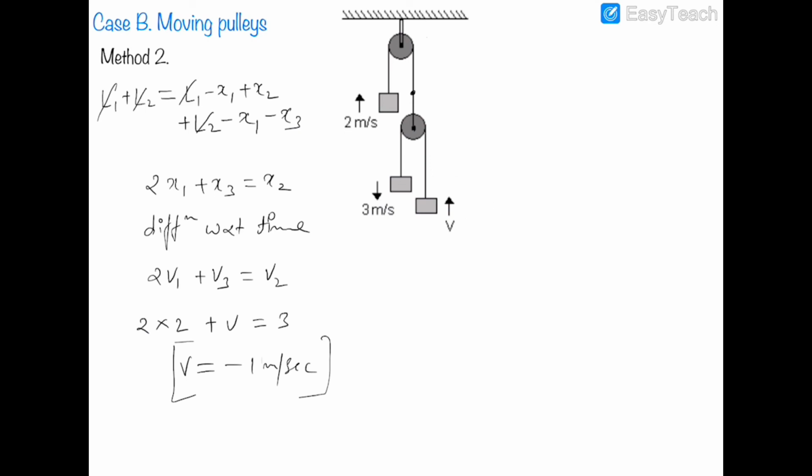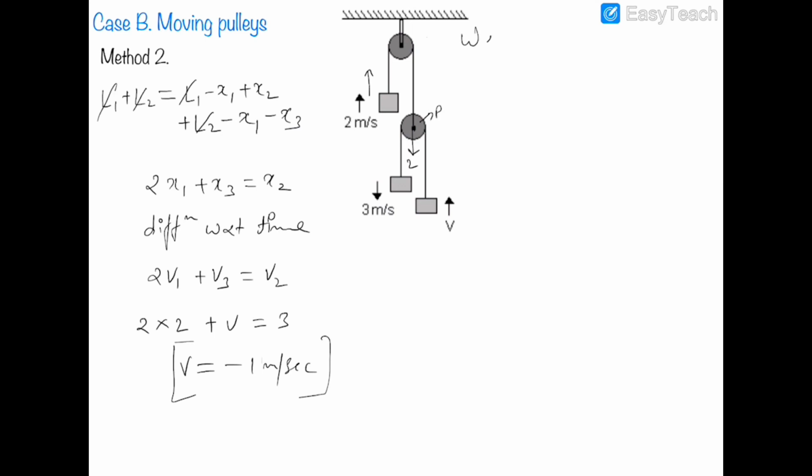So in the first method, we are concerned about the relative movement of blocks with respect to the pulley. So if this block is moving upward with 2 meters per second, then this pulley will move downward with 2 meters per second. And hence, let's suppose this is pulley P.